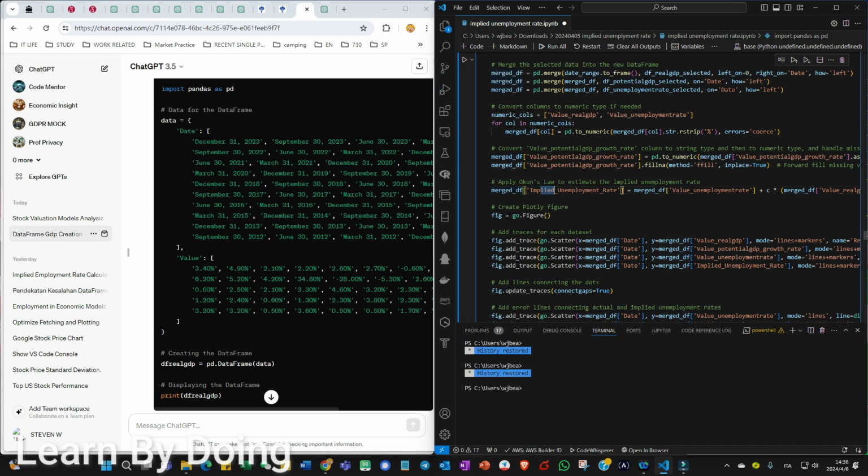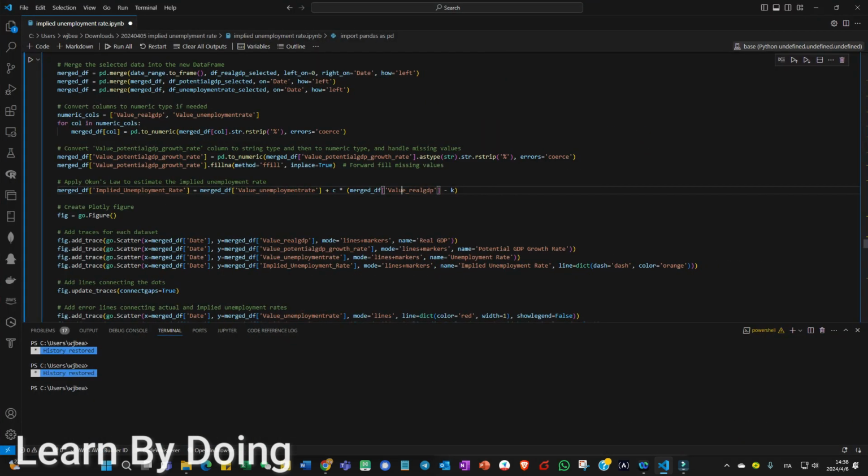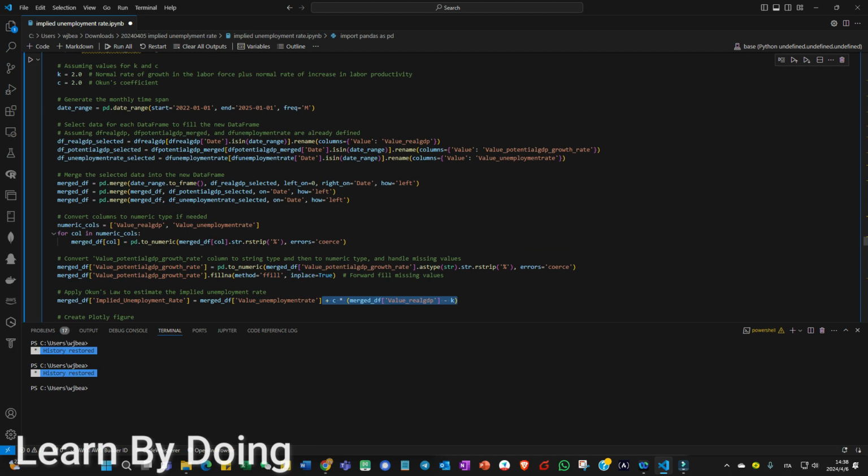It uses the implied unemployment rate equals the real unemployment rate, plus the C parameter, let me enlarge it, times the real GDP minus K. And there are some assumptions. Both coefficients are 2.0, and also the normal rate of growth of the labor force, plus the normal rate of increase in labor productivity.